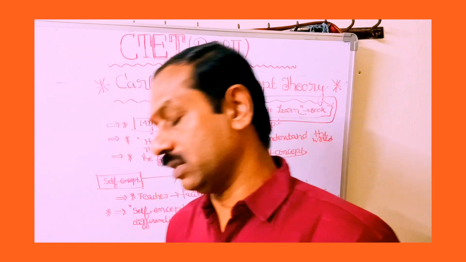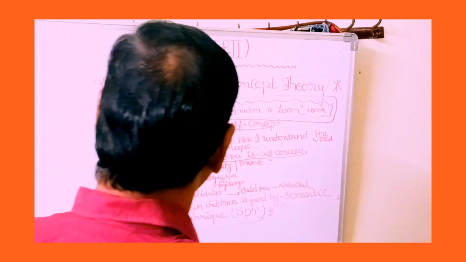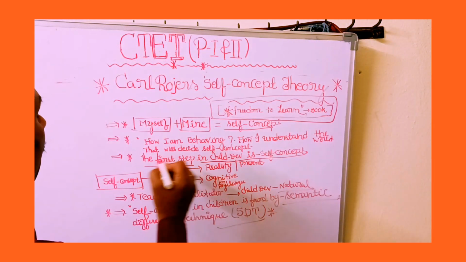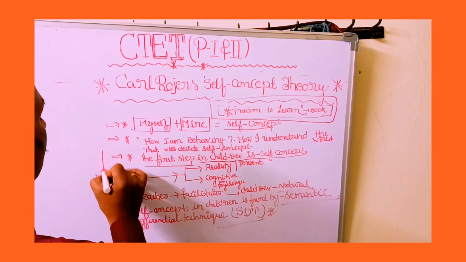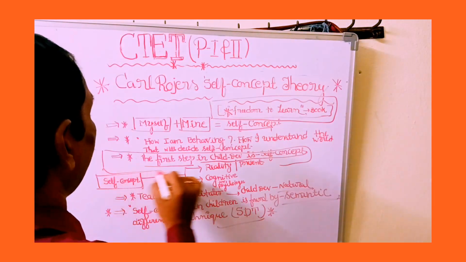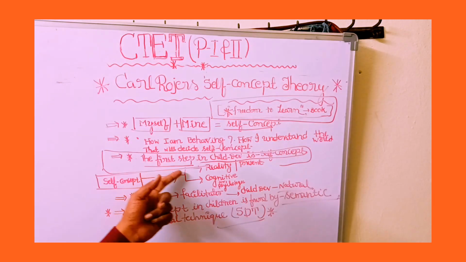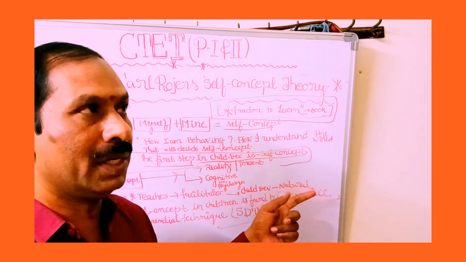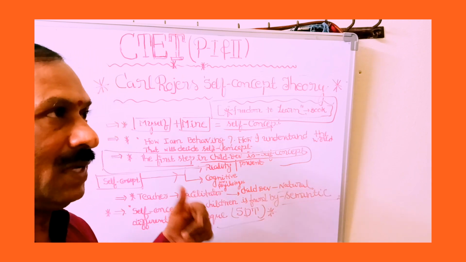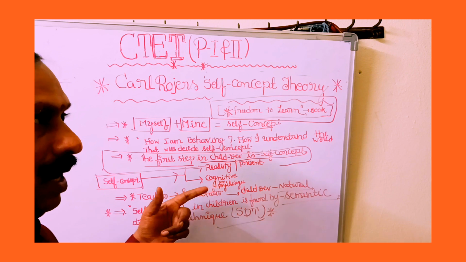Self-concept is the first step involved in child development. This is also a most important bit. In the examination, the examiner may ask, what is the first step in child development? Self-esteem, self-learning, self-concept, like that.